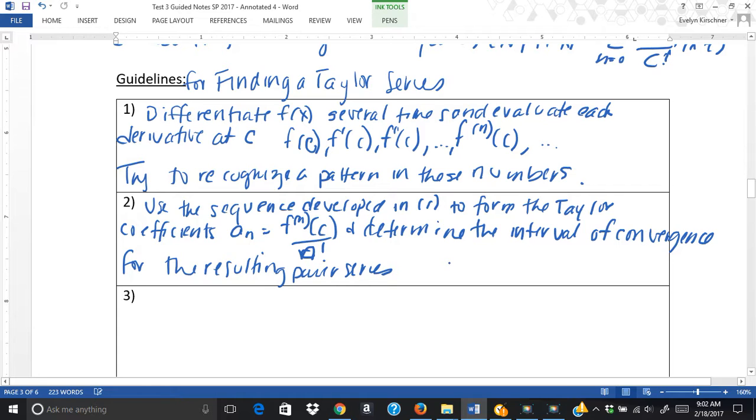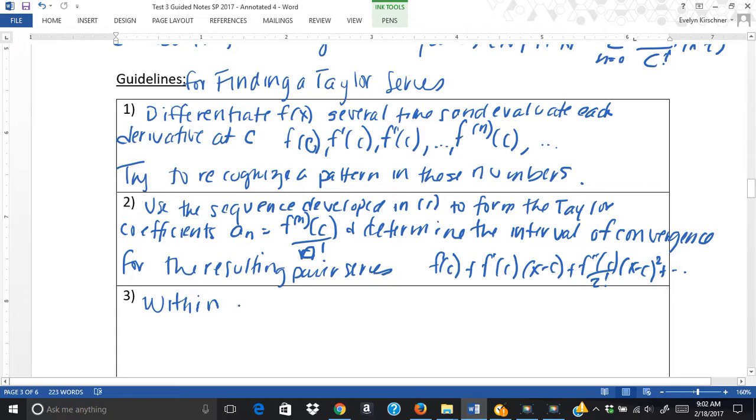And that's f of c plus f prime at c times x minus c plus the second derivative at c over 2 factorial times x minus c squared, and on like we've been doing before. And then we're going to look at that interval of convergence.